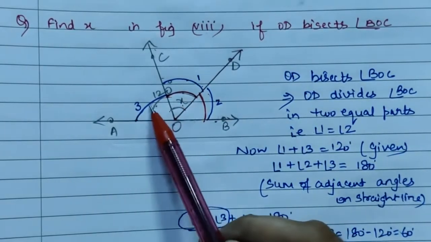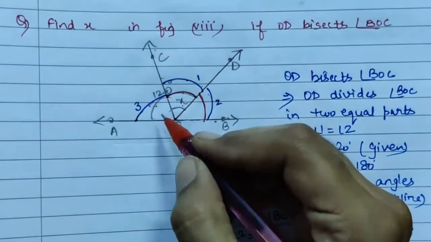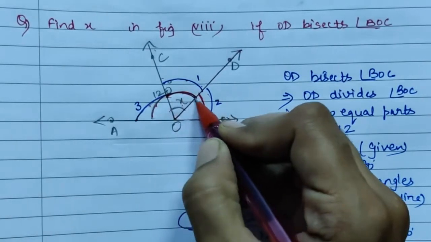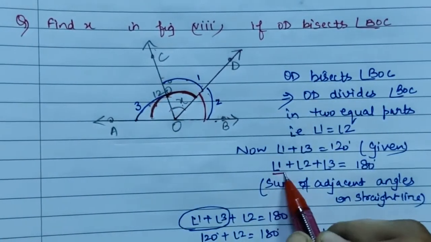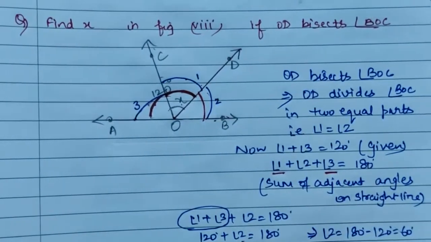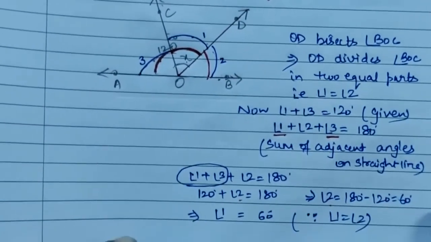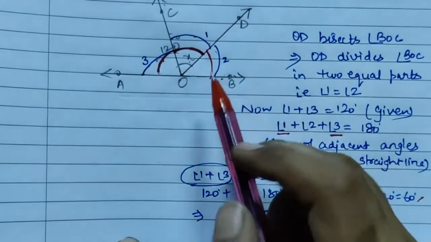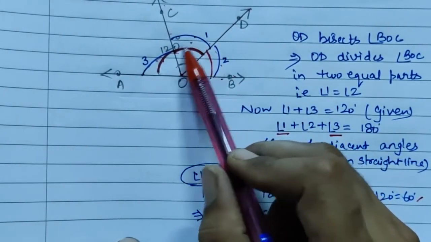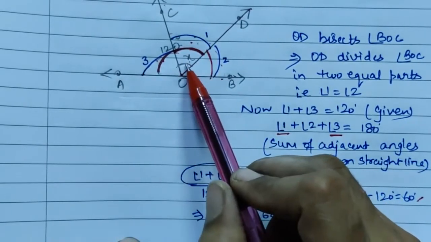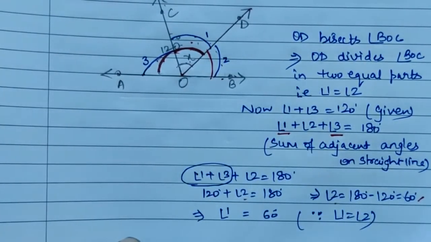Angle 1 plus angle 3 is 120 degrees because it is given to you that this whole angle is 120 degrees. So if you put the value here, we will find the value of angle 2, that is 60 degrees. Now angle 2 is equal to angle 1, we have just discussed. So angle 1, or we can say x, will also be equal to 60 degrees.